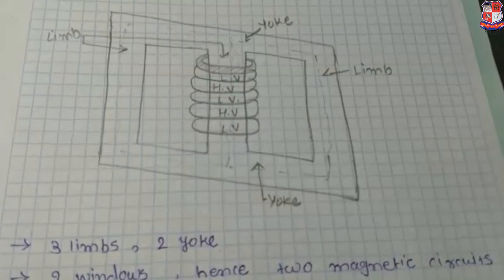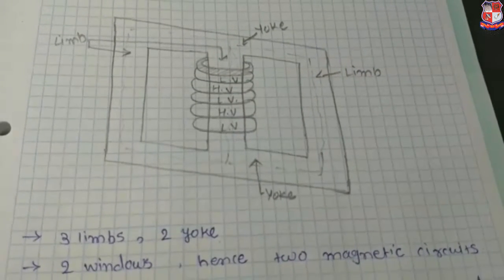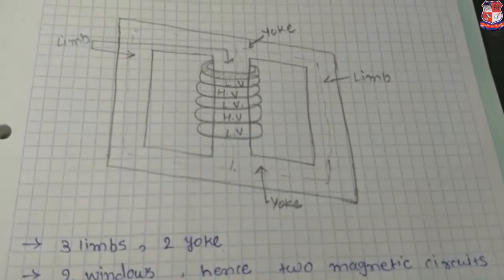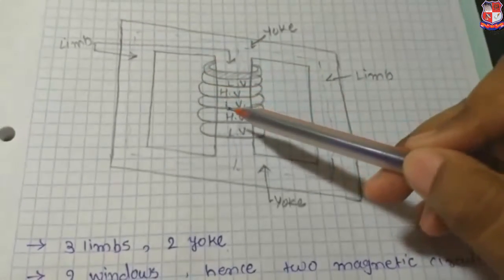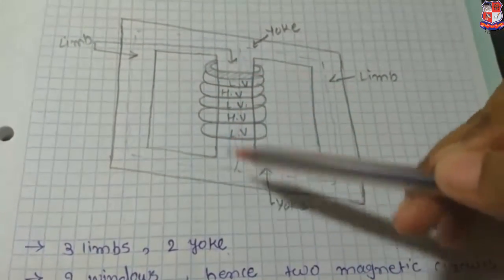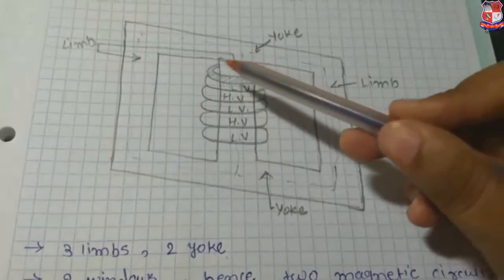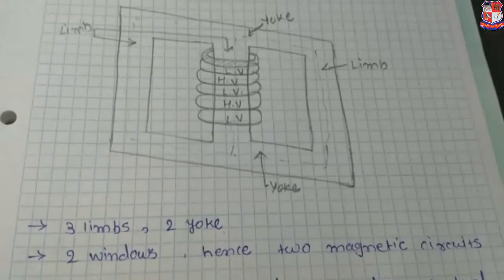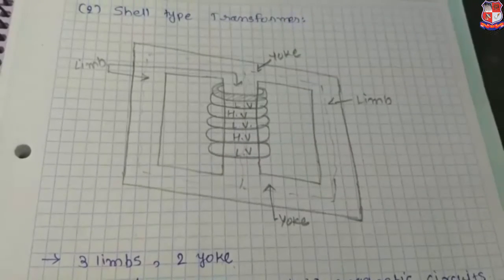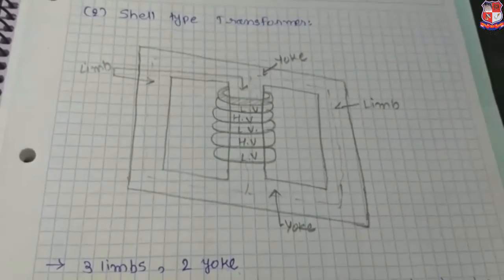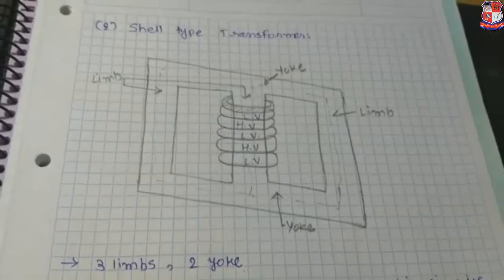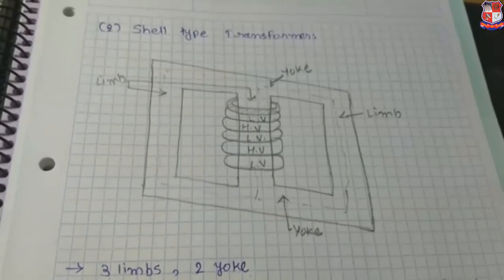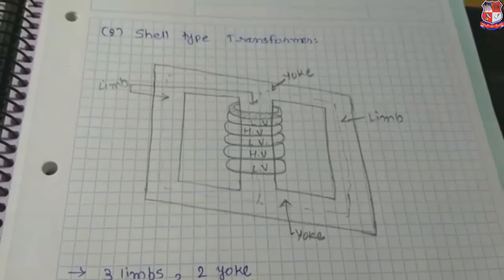So when it comes to repair, we need to open the whole transformer, and only then can we carry the whole winding out for repair. So it is not easy when it comes to repair. So these are two types of transformers, core type and shell type transformer.